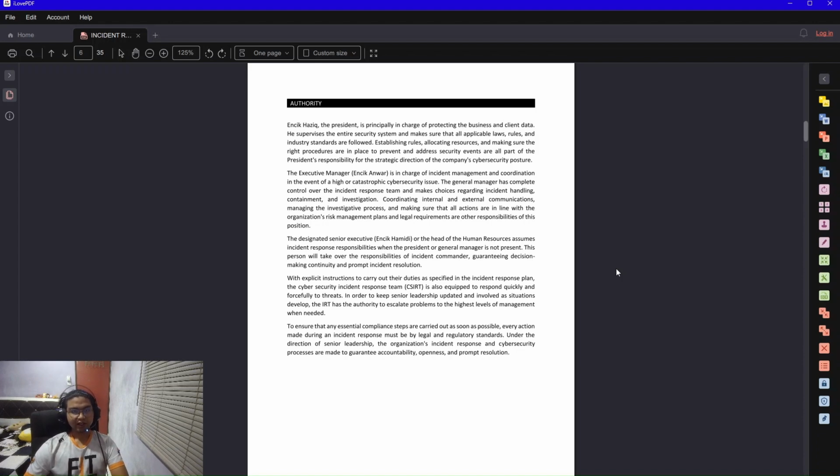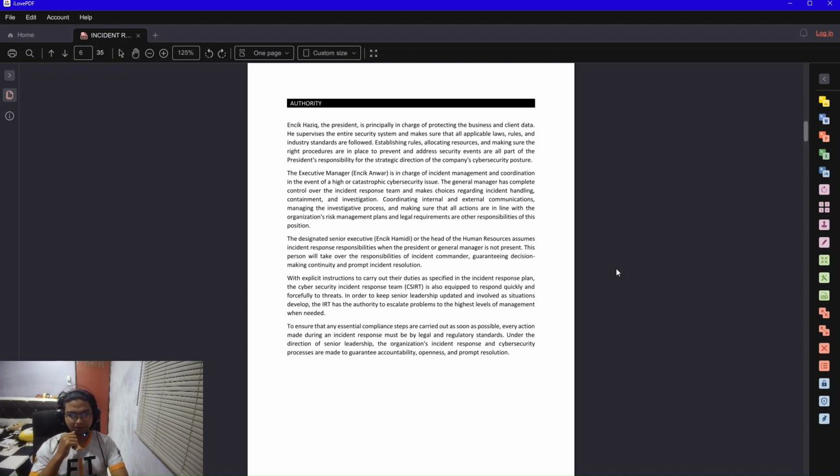He supervises the entire security system and makes sure that all applicable laws, rules, and industry standards are followed. Establishing rules, allocating resources, and making sure the right procedures are in place to prevent and address critical events are all part of the president's responsibility.